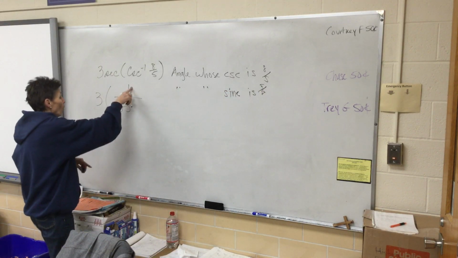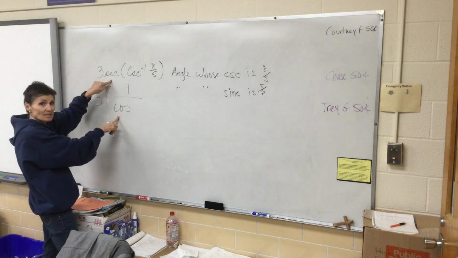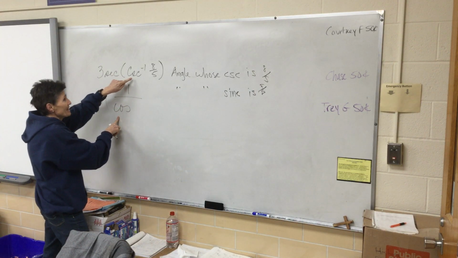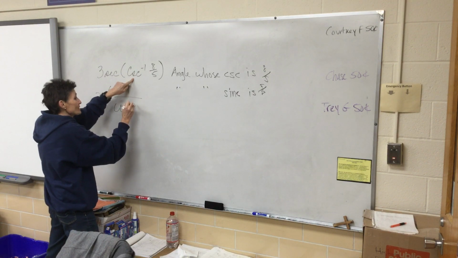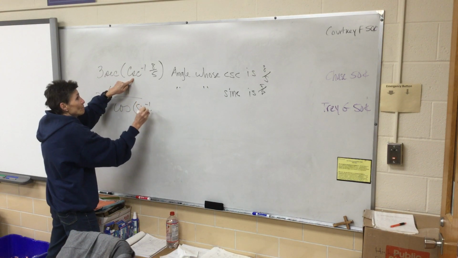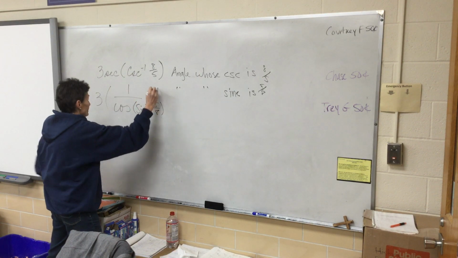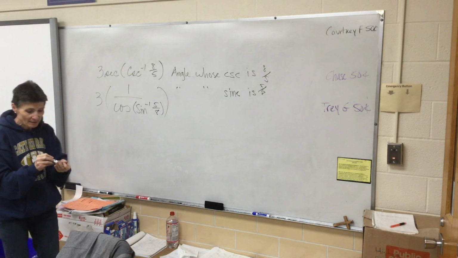So I'm going to type 1 divided by cosine, because that's what secant is. And then the angle whose cosecant is 8/5 is the angle whose sine is 5/8. So that's what I'm typing into my calculator.